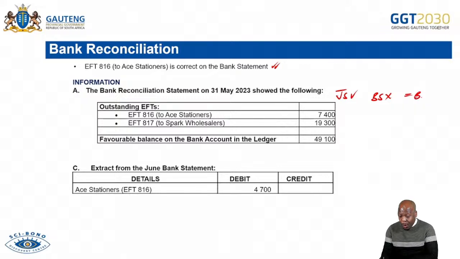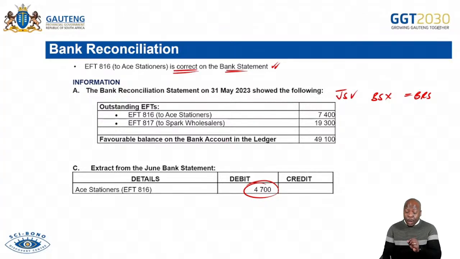Hence, we recorded it in the BRS. We get that trick. Now we are told it has now appeared on the bank statement. On the bank statement, it is appearing now as 4,700. And we are told that is the correct amount.